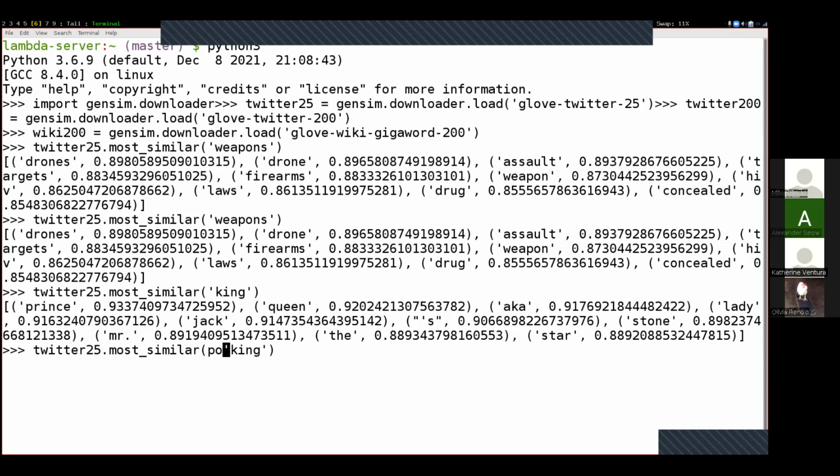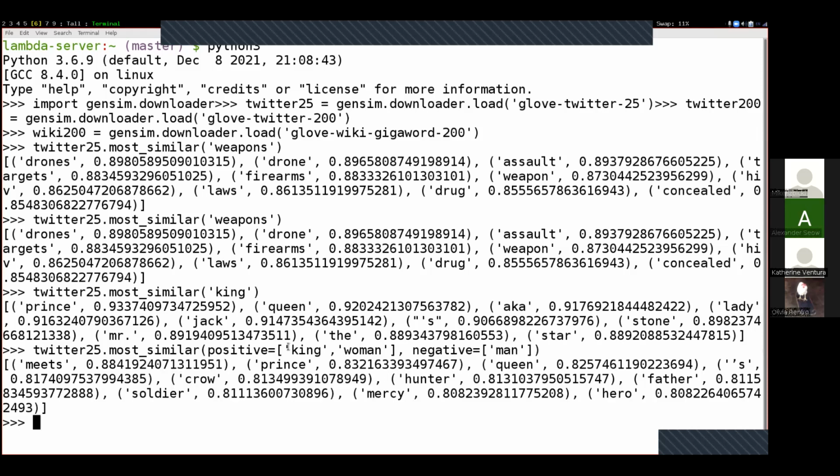We can make it actually do the math for us on our equation now. Positive equals king and woman, and negative equals man. So this will be king in the positive, minus man plus woman, like that. And we hit enter.